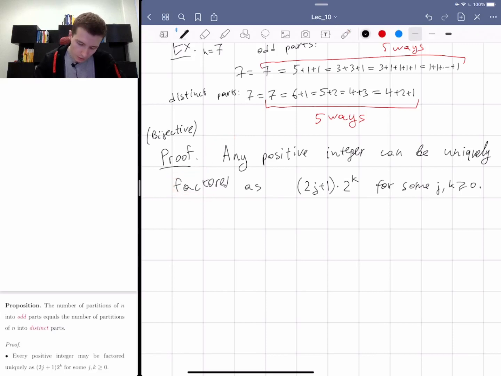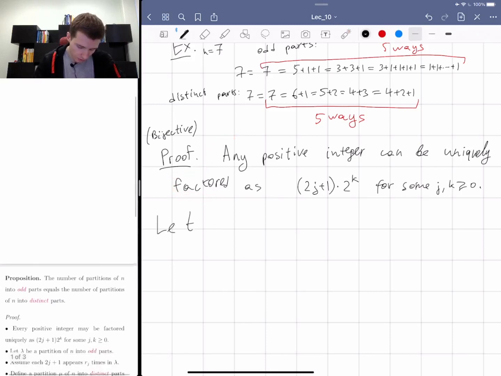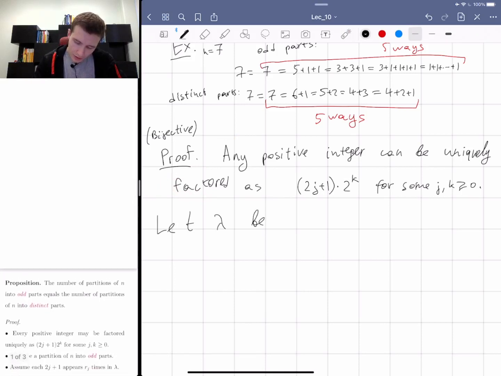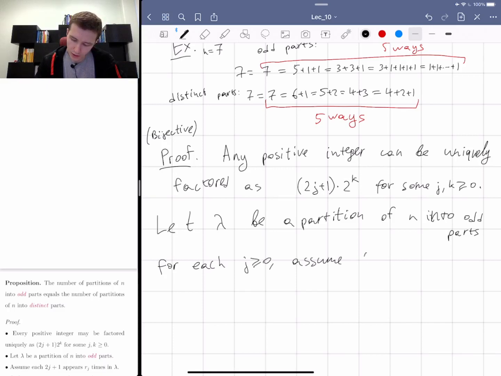in the following way. So let lambda be a partition of n into odd parts, and for each j, let me assume that the corresponding odd number appears r sub j times in lambda.